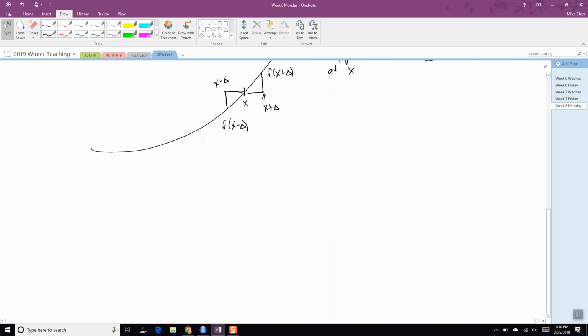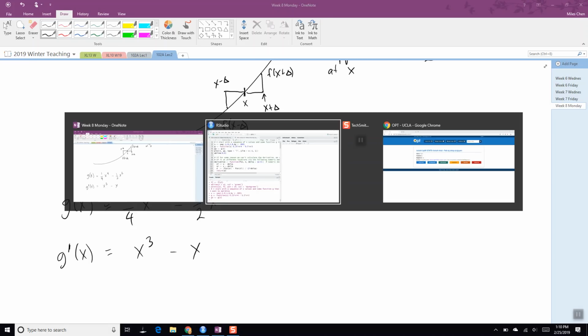So I'm going to let g of x be 1/4 x to the 4th minus 1/2 x squared, okay? And I have the 1/4 and the 1/2 just so that when I take the derivative, it's going to be easy to work with. So g prime of x will be what? x cubed minus x, just so things are easy for us.